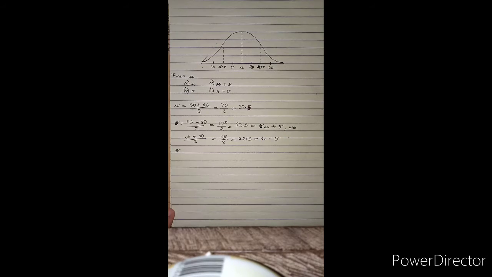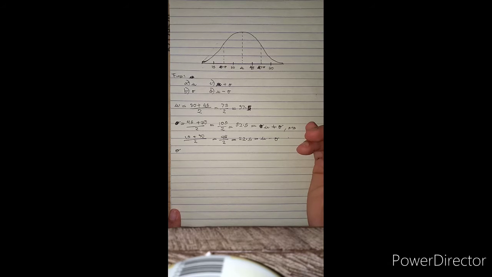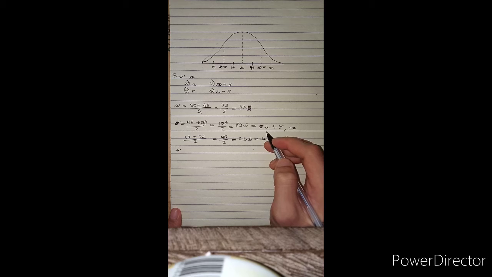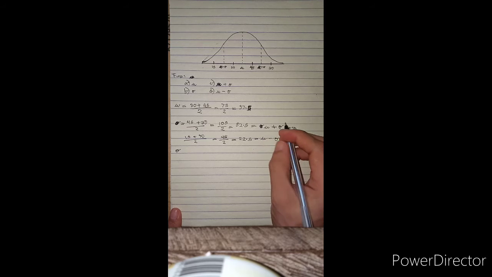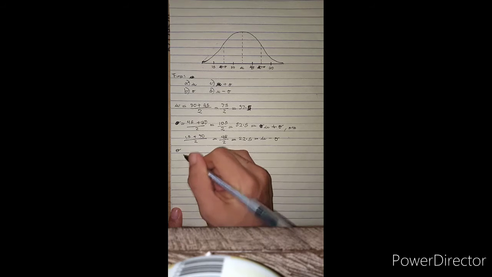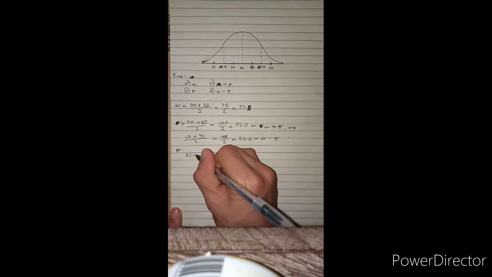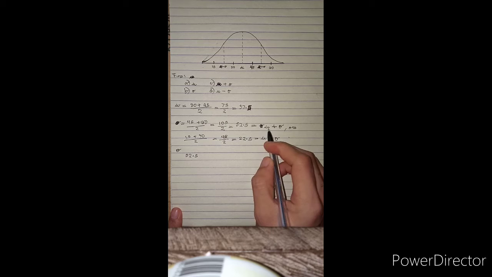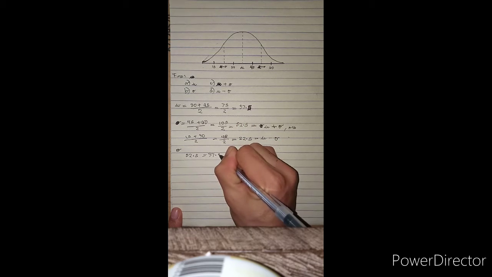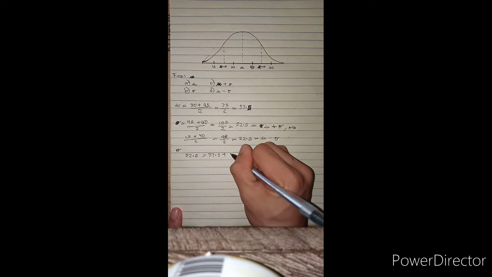There. Now, in finding its standard deviation, since we have this 52.5, which is equal to the mean plus its standard deviation, we can have this solution. 52.5, given the mean, is equal to 37.5 plus its standard deviation.